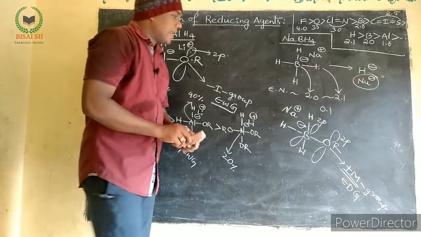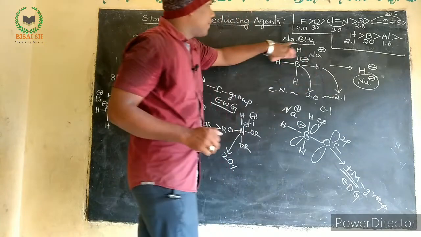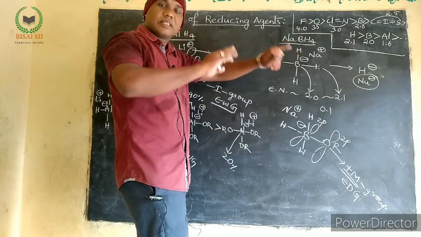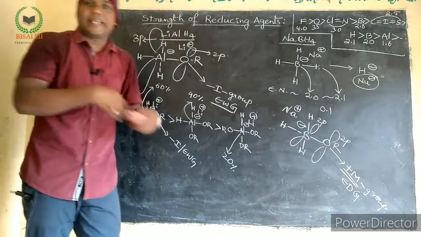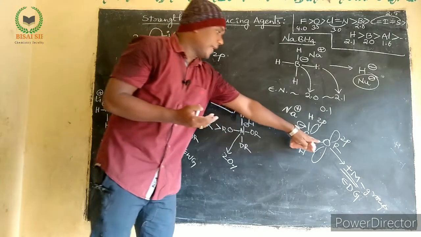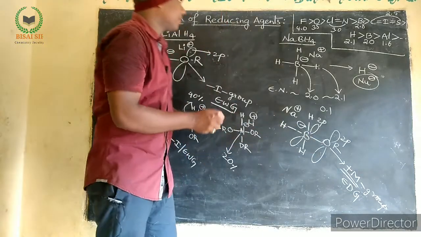Now here, in place of alkoxy groups in NaBH4, the strength of the reducing power will be increased. Why? Because the alkoxy group acts as a plus M group, correct?